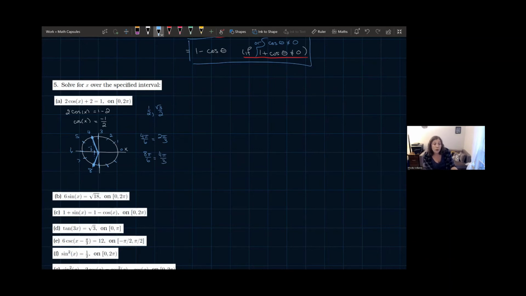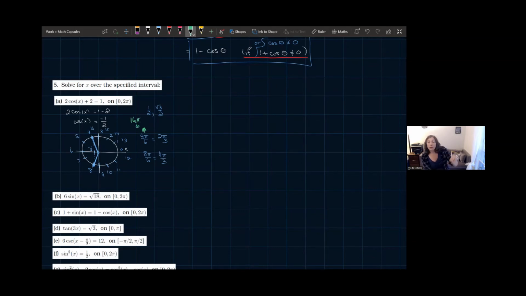Of course, those aren't the only ways to get to those positions. I could keep counting. I did 1, 2, 3, 4, 5, 6, 7, 8. Let's keep going: 9, 10, 11, 12, 13, 14, 15, 16. So another way to get to that same point on the unit circle would be 16 pi on 6.